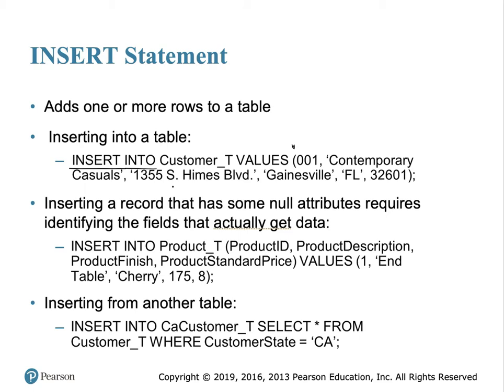Now we say that, in a relational database, the order of the columns is irrelevant, and that's true. But once you're actually trying to put data into it, if you're using this simplified statement, this value is going to go into the first column. This value is going to go into the second column, and so forth. And we have to have something for every column in the table. Otherwise, we're going to end up with a mismatch between the number of pieces of data and the number of columns. But if everything lines up properly, then this is, again, that simplified version.